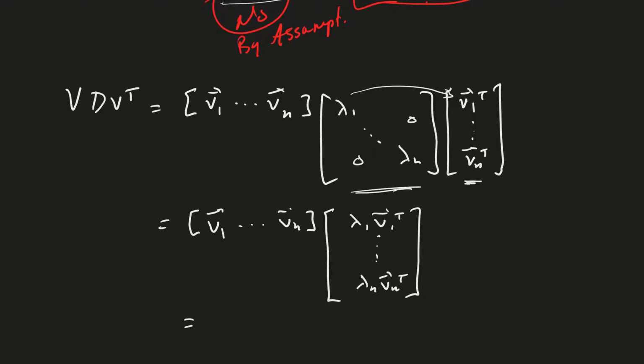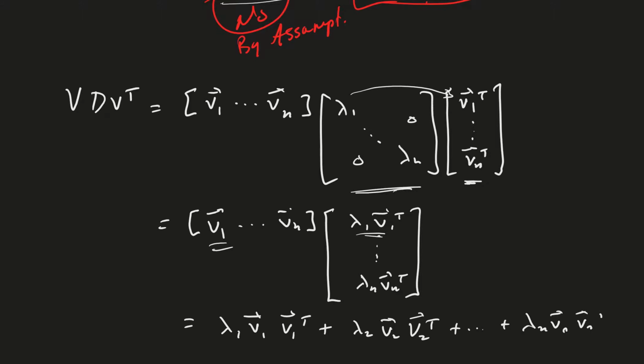And so now if I expand this product, I get V1 times lambda 1 V1 transpose, which is lambda 1 V1 V1 transpose. This is not a dot here, by the way, that's just multiplication, plus lambda 2 V2 V2 transpose, up to lambda n Vn transpose. Good.